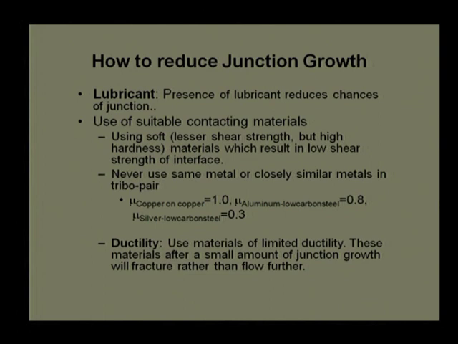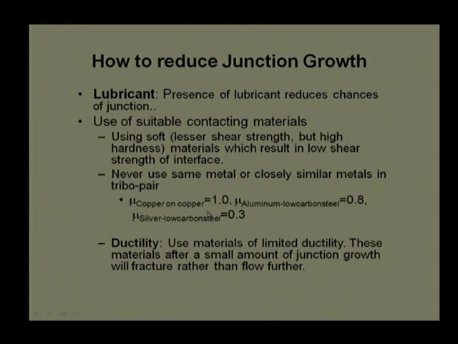So, that is appreciated. The next suggestion is never to use the same metal, or metals which have a similar chemical structure or high molecular attraction. To explain this, we can take the example of copper on copper.